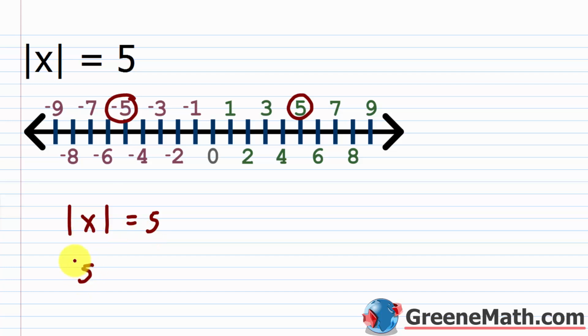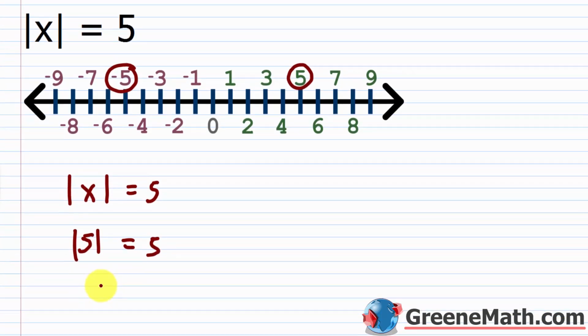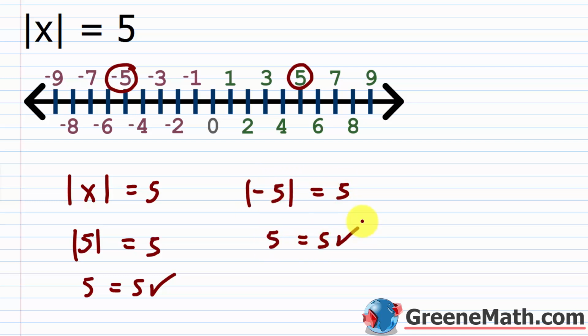If I plug in a 5 there and I evaluate, I get 5 equals 5. That's true. But that's not the only solution, because -5, the opposite of 5, also has an absolute value of 5. So if I plugged in a -5 for x, you would get 5 equals 5 as well, which is also a true statement.